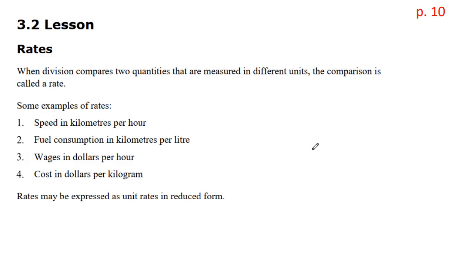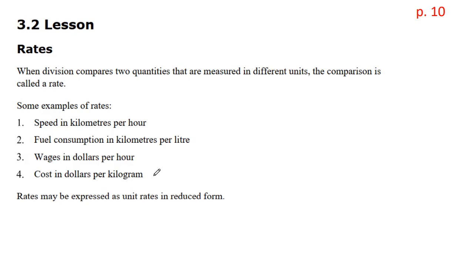The good news is we use rates every day. We compare division of quantities all the time, like speed per hour if you're driving. Fuel consumption, kilometers per liter: how good of a fuel consumption does your car get if you have a car? Wages, how much do you make per hour?